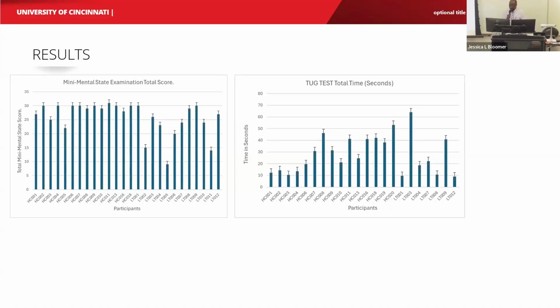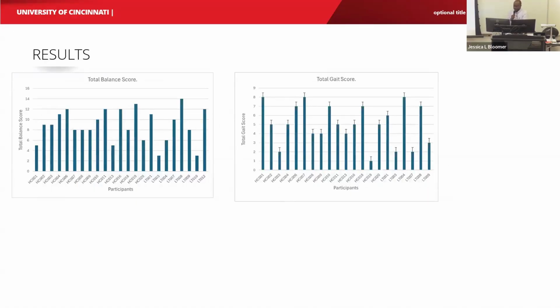And then in terms of the Timed Up and Go test, most participants struggled with this, and I lost quite a few participants during this exercise because they could not keep up with it, showing that the mobility was still under discussion.